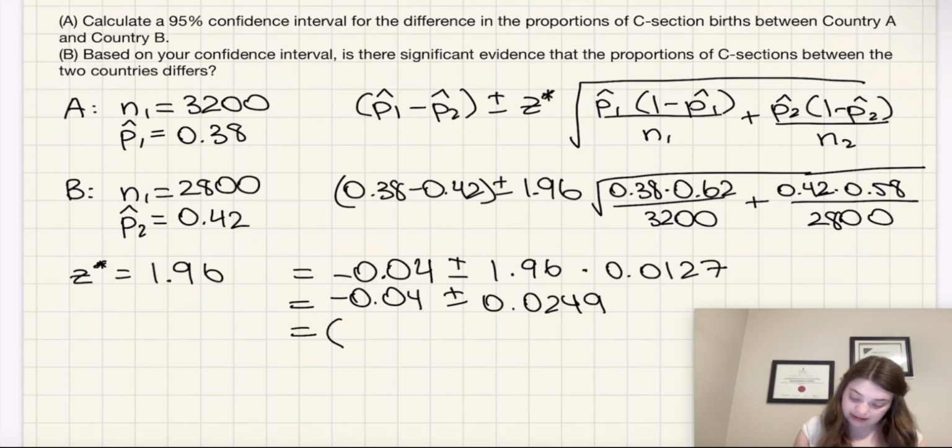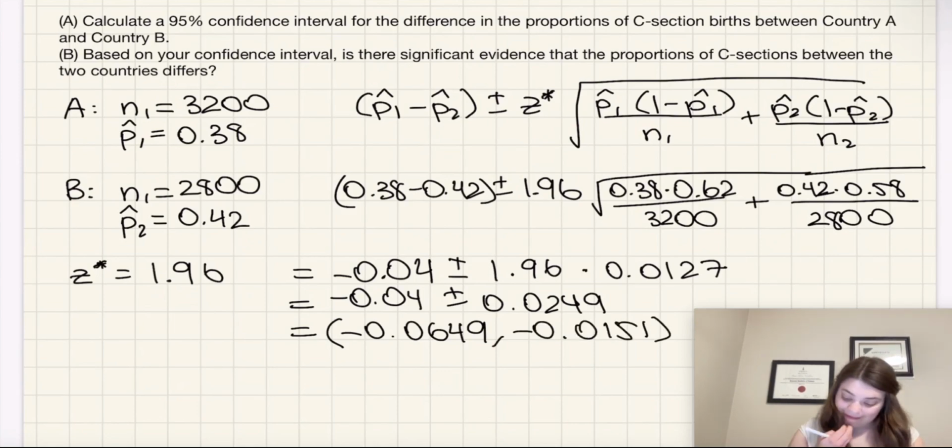So thus our confidence interval is negative 0.0649, comma, negative 0.0151. And so therefore, we can be 95% confident that the difference in the proportions is somewhere between negative 6.49% and negative 1.51%.